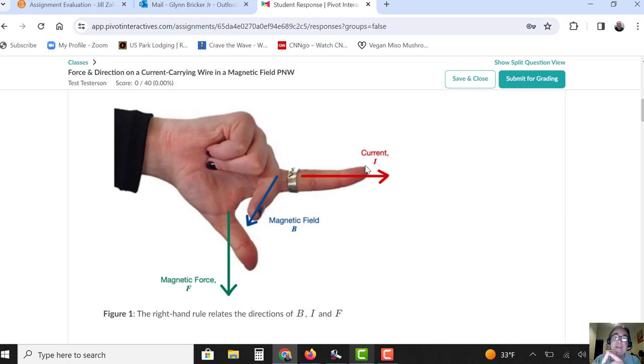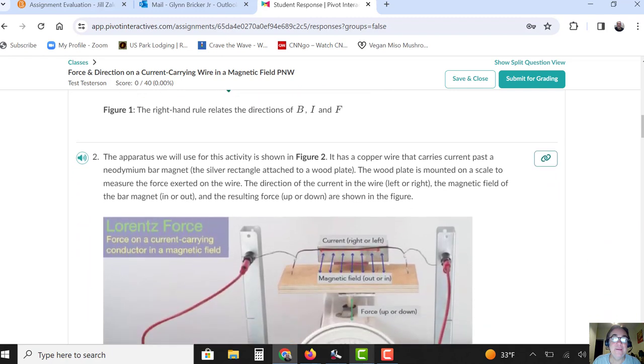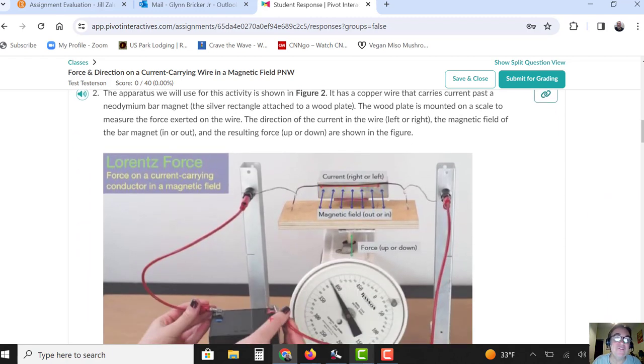Here's I again, here is B, and then here's the force. It's just a matter of lining these things together. Let me scroll down a little bit again. I always just write it on my fingers so I don't forget.